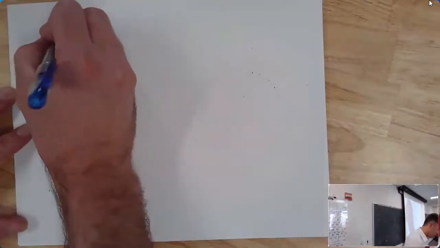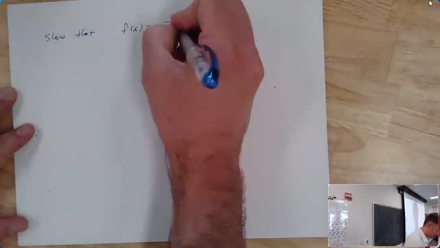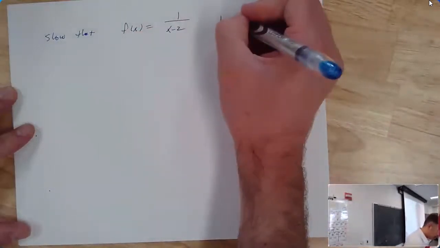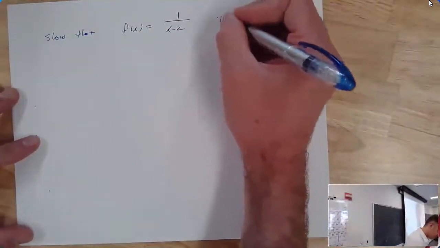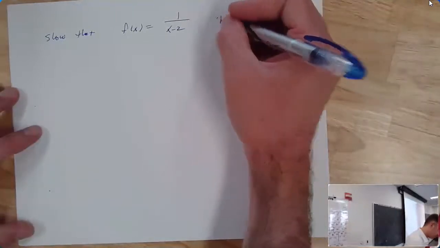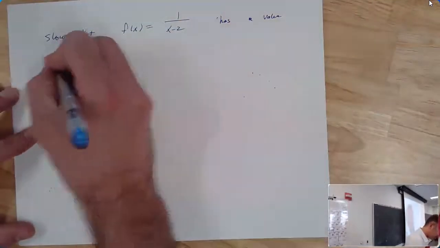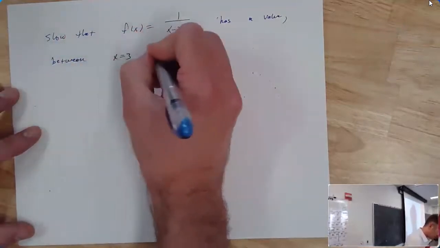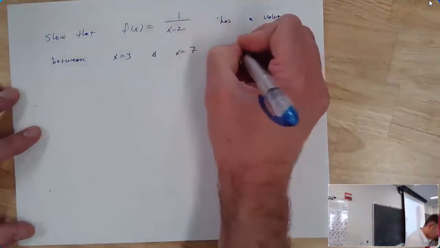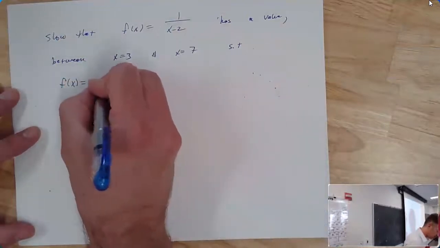So for example, someone could give you something like, show that f of x equal to 1 over x minus 2 has a value between x equal to 3 and x equal to 7, such that f of x is equal to 0.3.